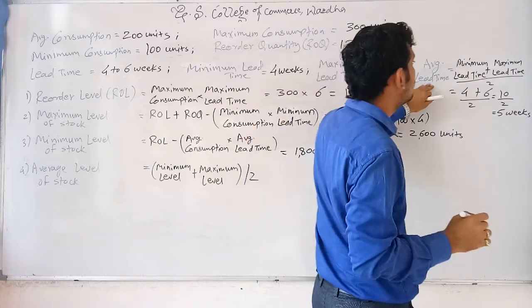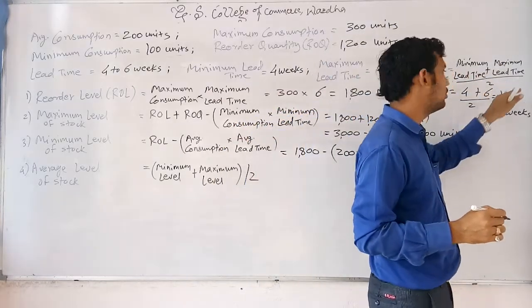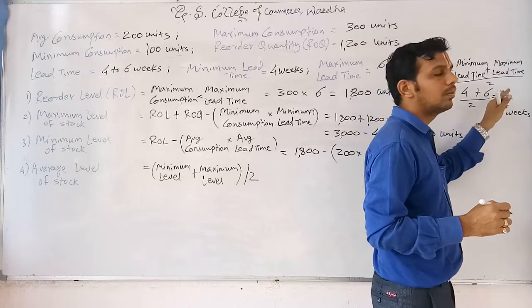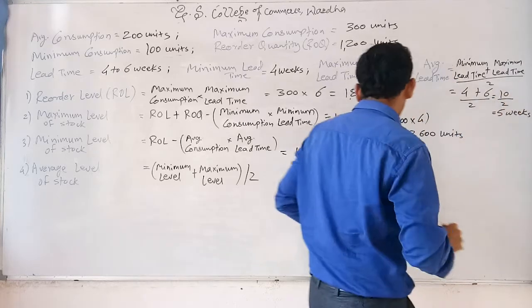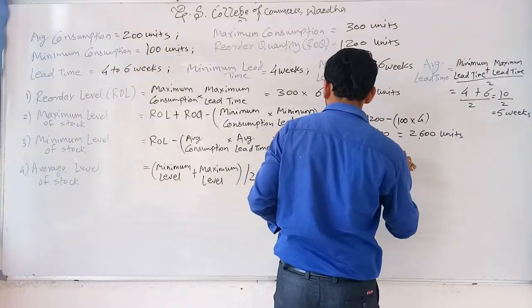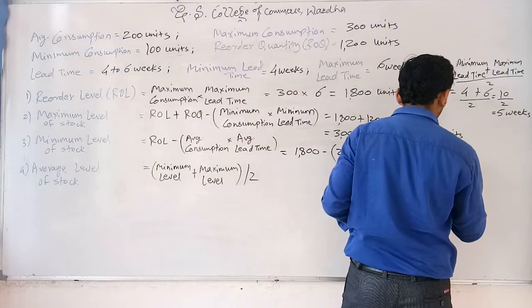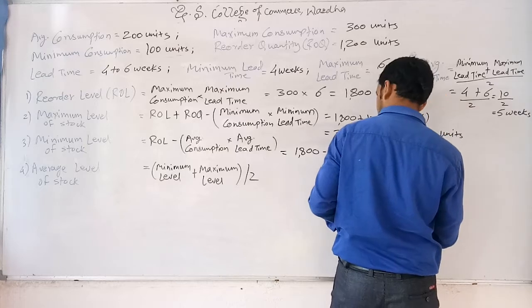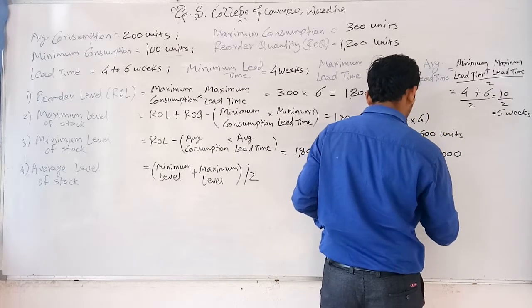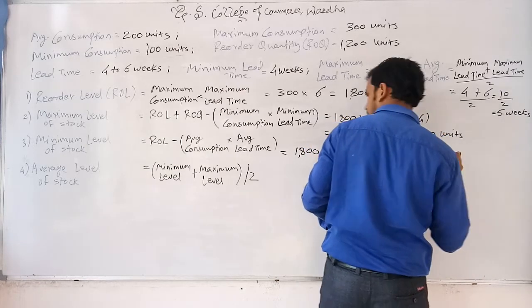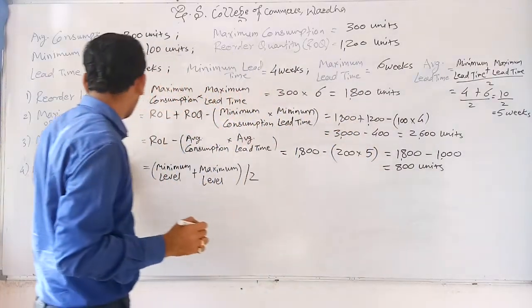We have calculated average lead time, minimum lead time plus maximum lead time divided by 2, that is 4 plus 6 divided by 2, 5 weeks. 1800 minus 200 into 5, 1000. The answer is 800 units is our minimum level of stock.